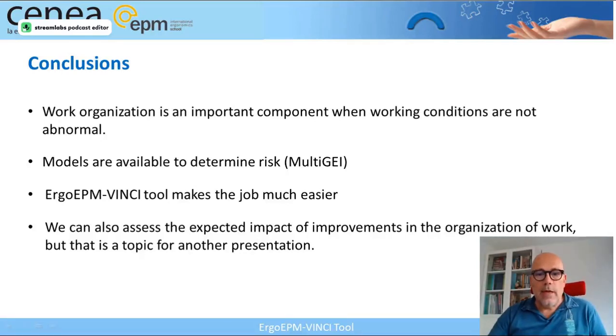Specifically, the multi-chain model. I have presented a very simple tool, Ergo in VINCI, which allows us to apply this model in a very simple way, especially when we have the tasks pre-evaluated.